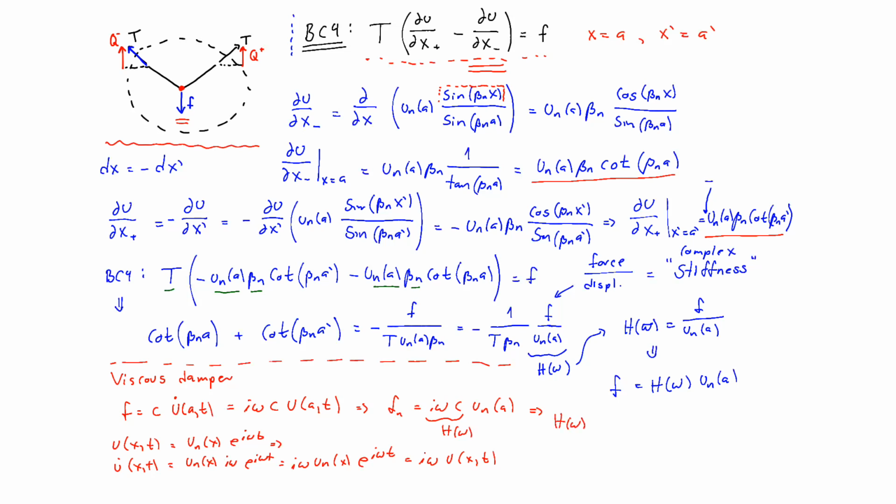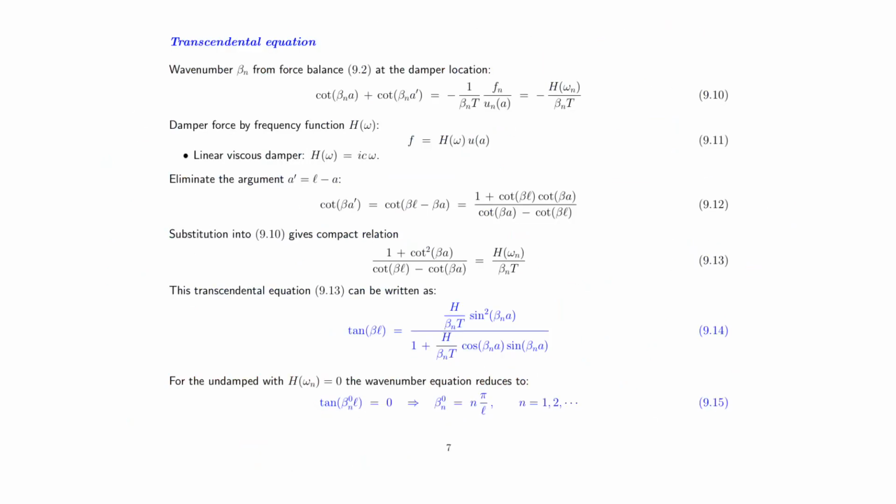So for a viscous damper, the h omega is i, the imaginary unit, times the angular frequency omega, times the viscous coefficient c. That means in the frequency domain, we can set up this general transfer relation between the damper force and the displacement, introducing the transfer function h.